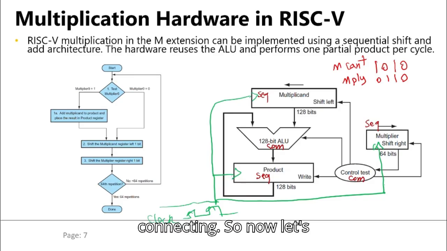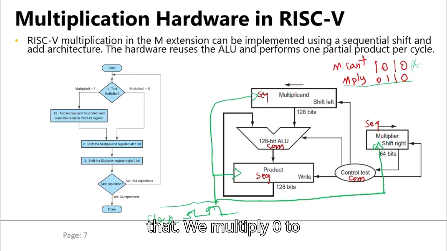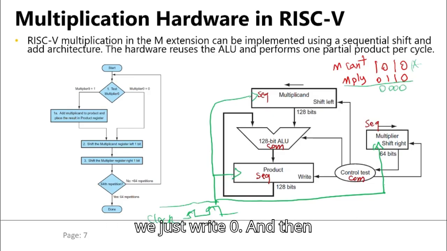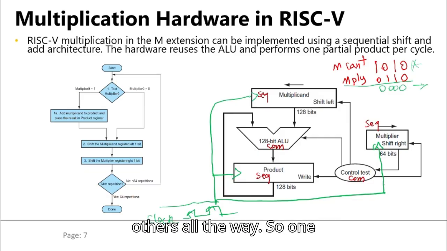So now let's see how this algorithm works for this example. As you remember, multiplication was like that. We multiply 0 by the multiplicand, because 0 multiplied with anything is going to be 0, so we just write 0. And then we shift this part, because I don't want to remove it. I shift the others all the way.